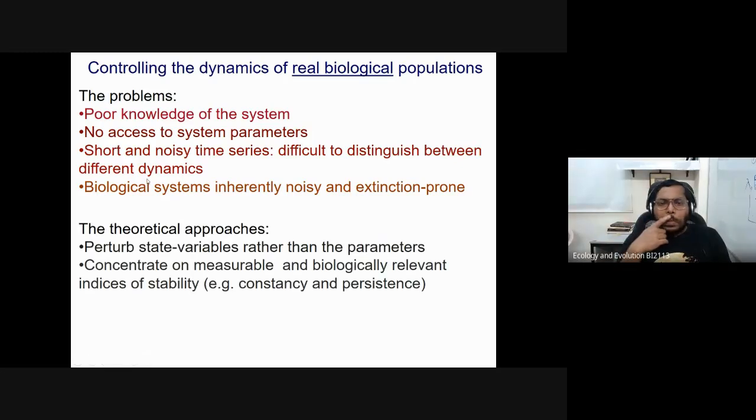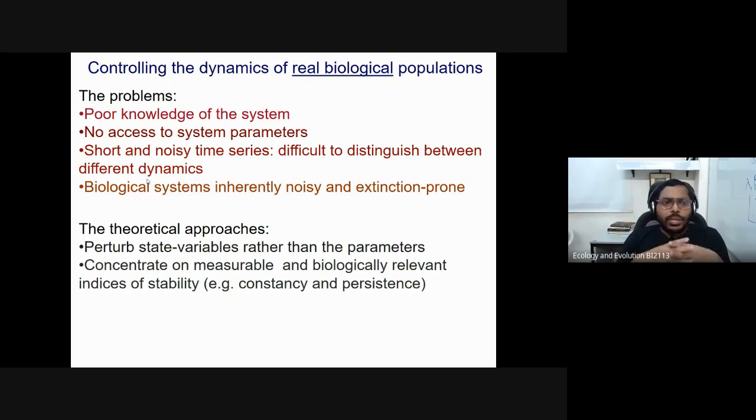The ecologists obviously are aware of all these problems. So the theoretical ecologists have come up with methods in which, instead of focusing on the system parameters, the analogs of the R's and the K's, you focus on the state variable, that thing to which you have access as an experimenter.